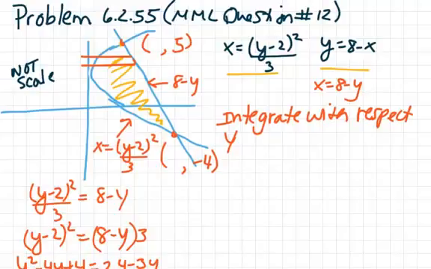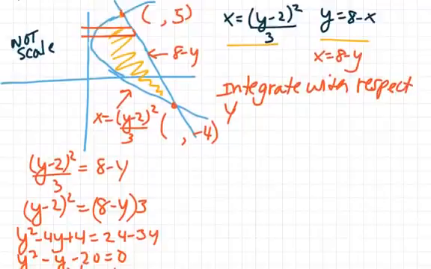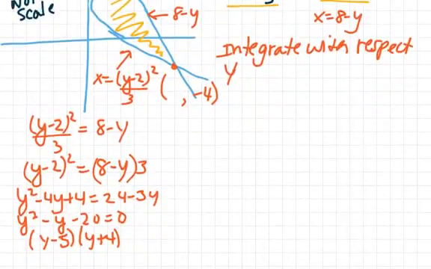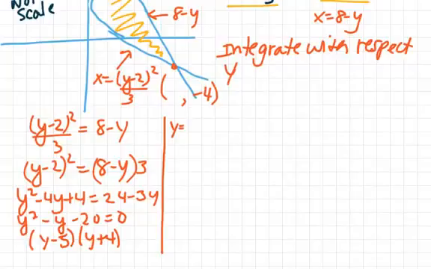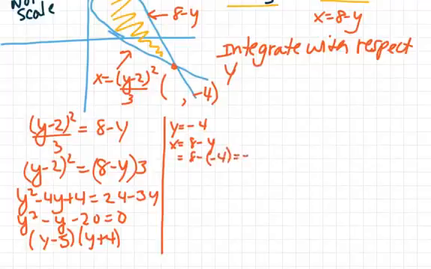So all you need to do is substitute back into one of the equations, and the easiest one is to substitute y equals negative 4 into the equation x equals 8 minus y, which is 8 minus a minus 4, which is equal to 12. Oops.